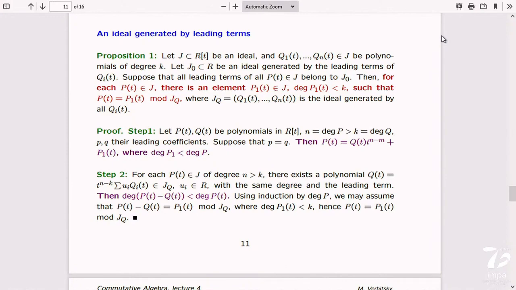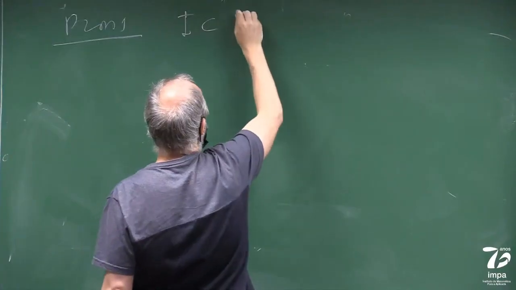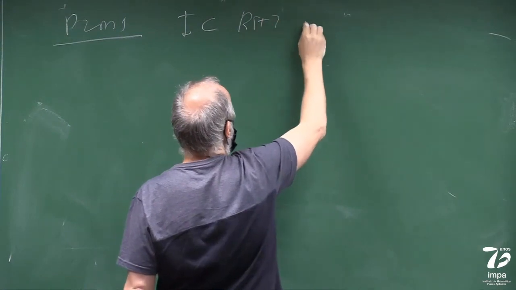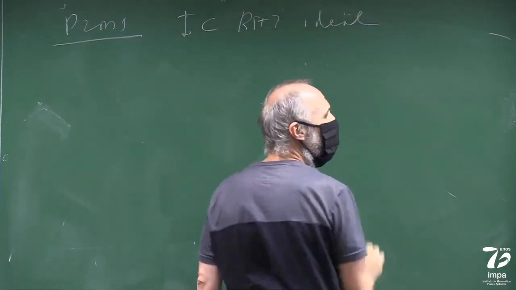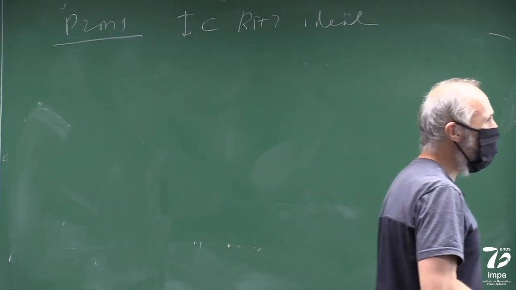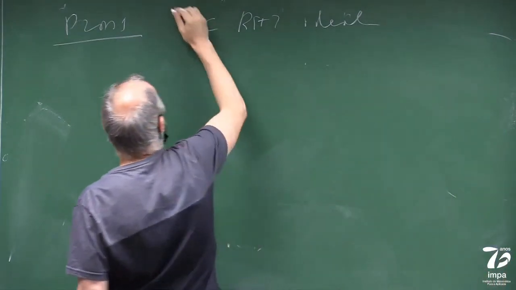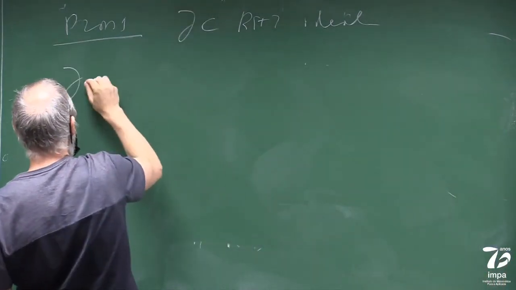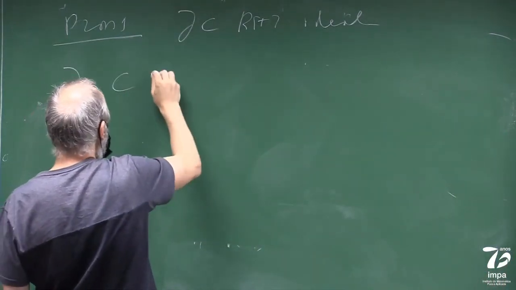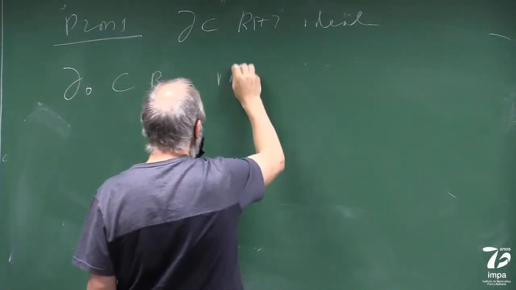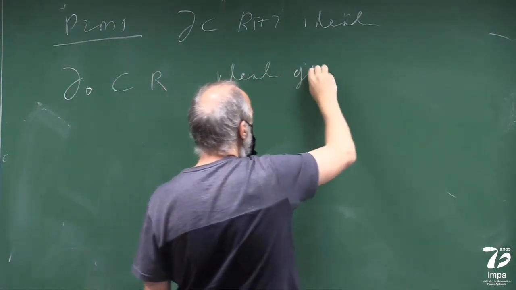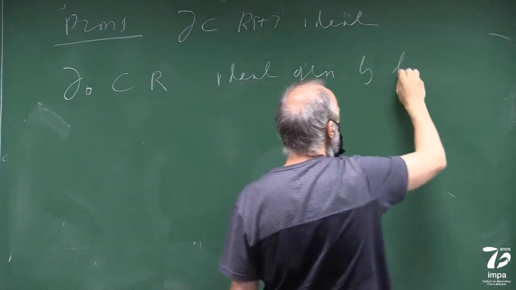Suppose I is an ideal in R[t]. Then we write J0, an ideal in R, generated by leading coefficients.